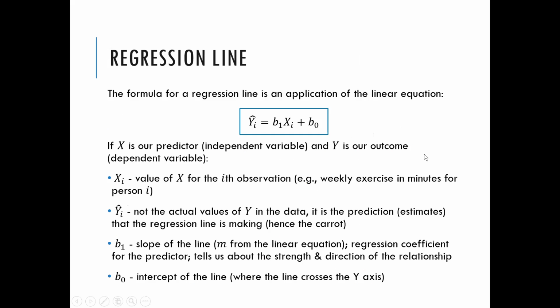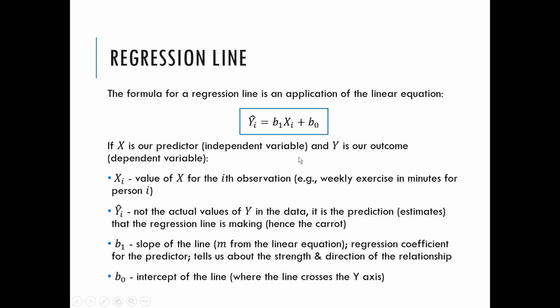Okay, and then I introduced this equation, and it's really just the application of the linear equation. So something that most of you have probably seen in high school, right? The y equals mx plus c. So it's just the same form. And again, x is our predictor variable and y is our outcome variable.